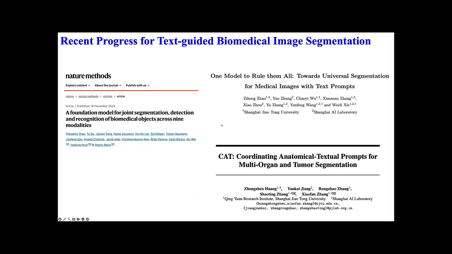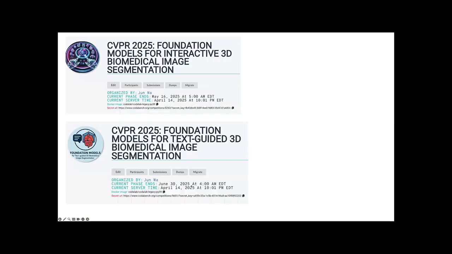In addition, text-guided segmentation is another exciting direction because text is a more flexible prompt. Those progresses motivated us to further extend the CVPR 2024 task to this year's 3D interactive and text-guided segmentation, aiming to push the boundary by gathering community efforts.